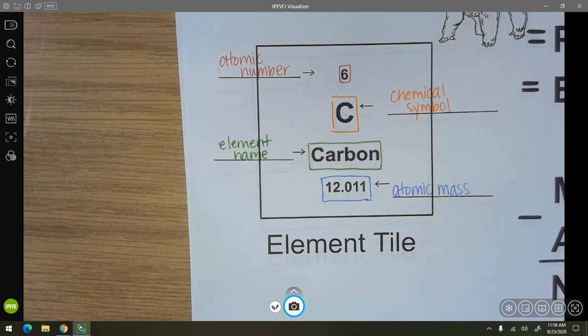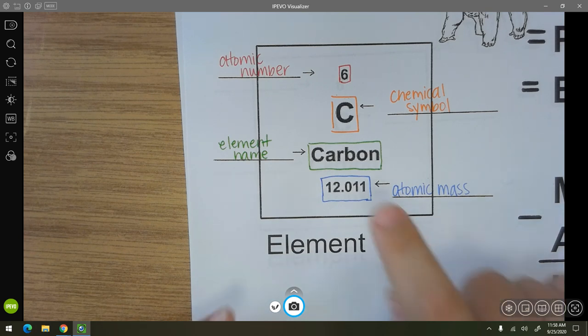So for the atomic mass, you take all of those different things, they're called isotopes. You take all of those different isotopes and you average them, or you find the mean using those math words, of what those isotopes of carbon are, and that's how you get this number right here.